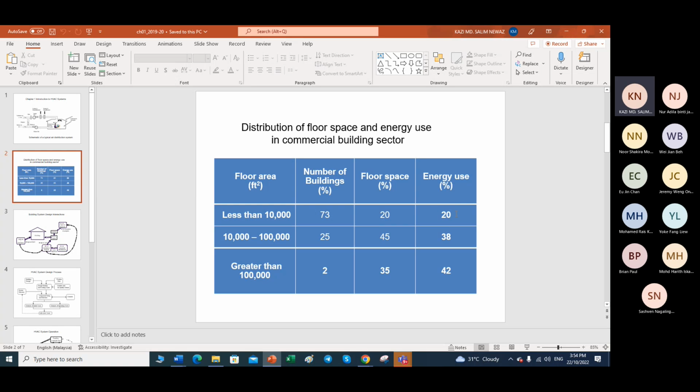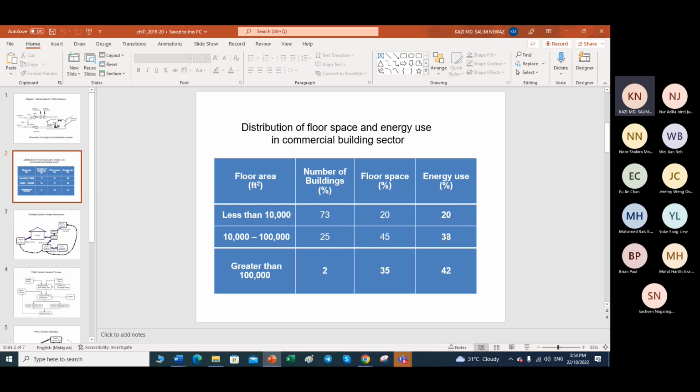If you go further up, 10,000 to 100,000, then we find that the number of buildings is 25% of the total considered in this research, and floor space is 45%. Then we can see that the energy use is 38%.